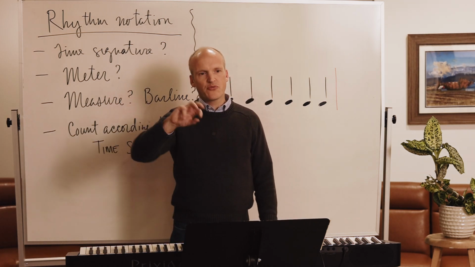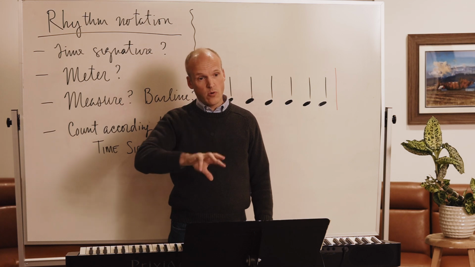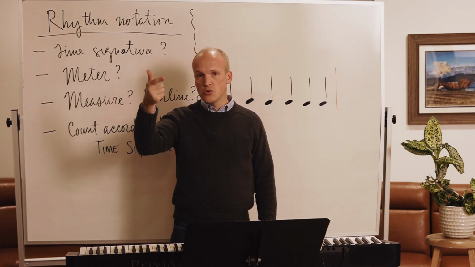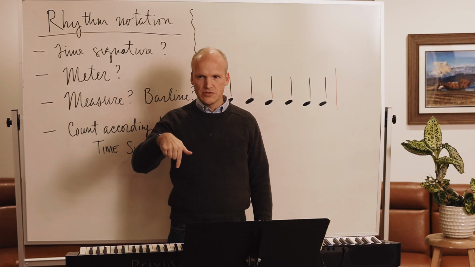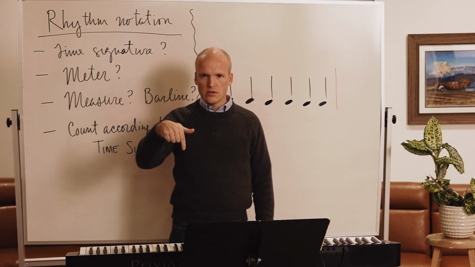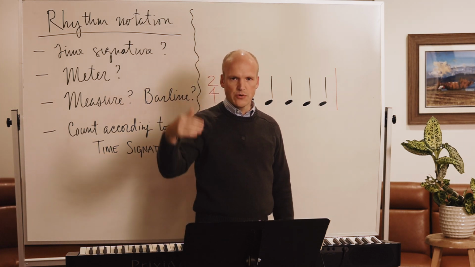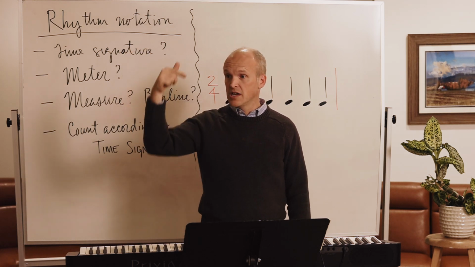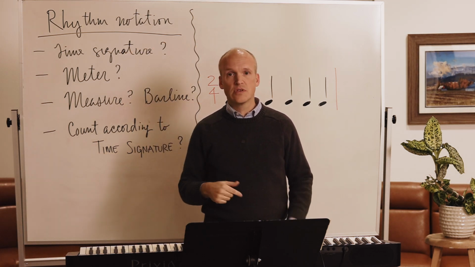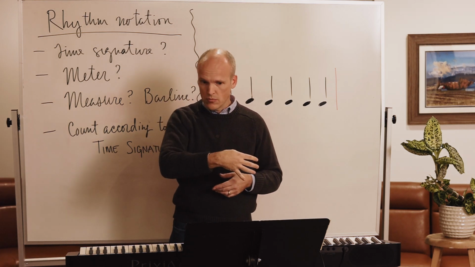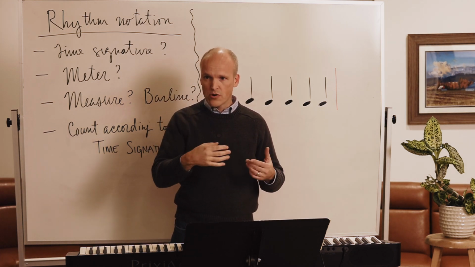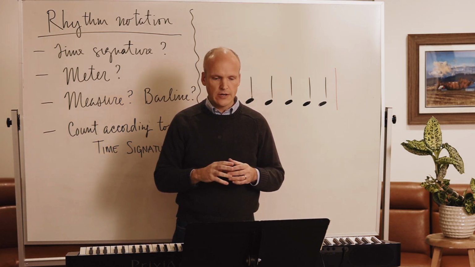Well, we're only talking about 3 of those, a group of 3 quarters. If we see 2 over 2, what's the bottom 2 stand for then? Half notes, right? So 3 over 4, 3 quarter notes; 2 over 2, 2 half notes. Another, 4 over 4, 4 what? 4 quarter notes. All right.